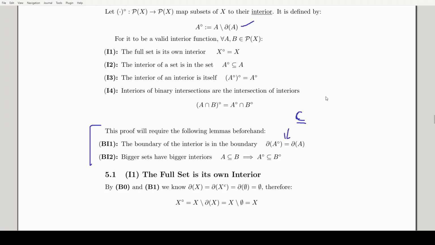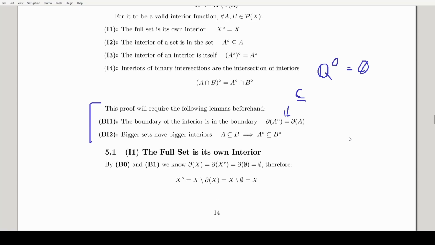An example would be the rational numbers in the real numbers. The interior of the rational numbers is empty, and the empty set does not have a boundary, but the rationals do have a boundary. The boundary of the rationals is the entire real numbers. So, yeah, it's a subset, not necessarily equal.